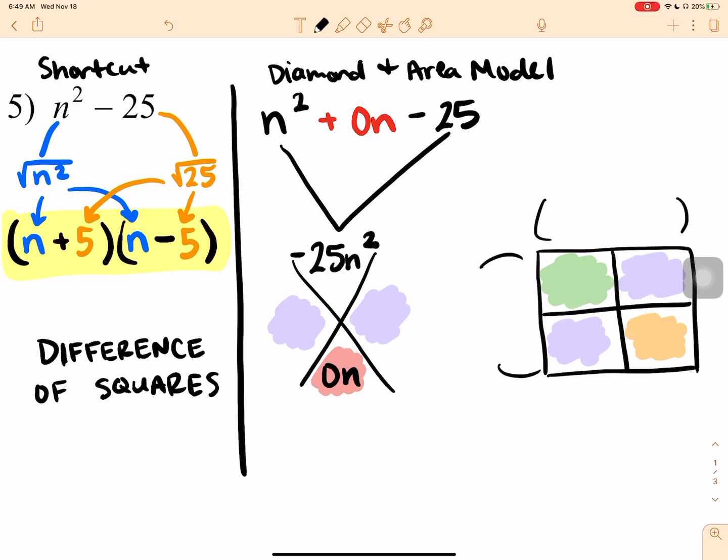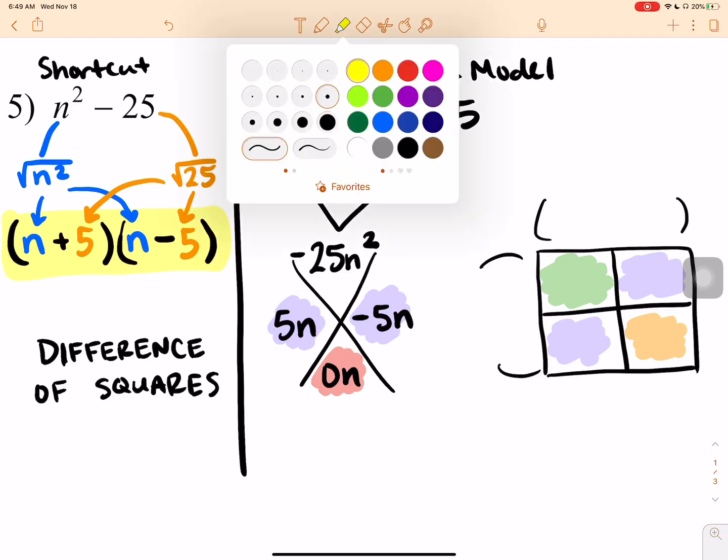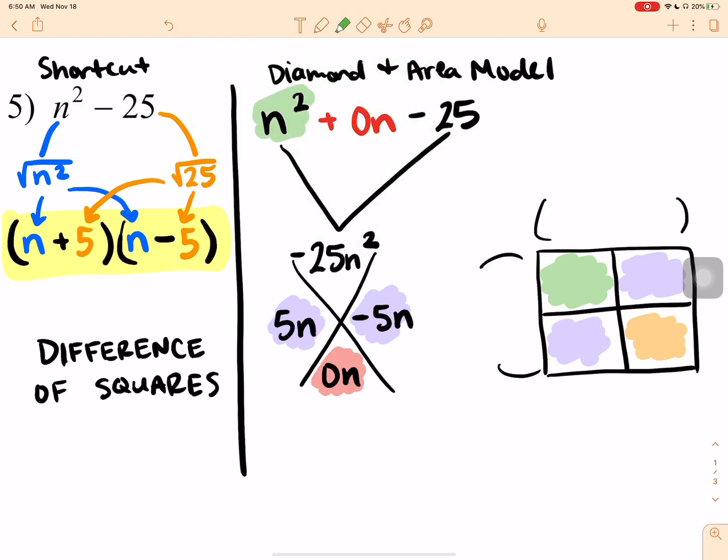So the square root of 25 is 5, because 5 times 5 is 25. So I'm going to have a positive 5n and a negative 5n. I'm going to remind you that n squared goes in the top left, negative 25 will go in the bottom right, and then I have positive 5n and negative 5n.